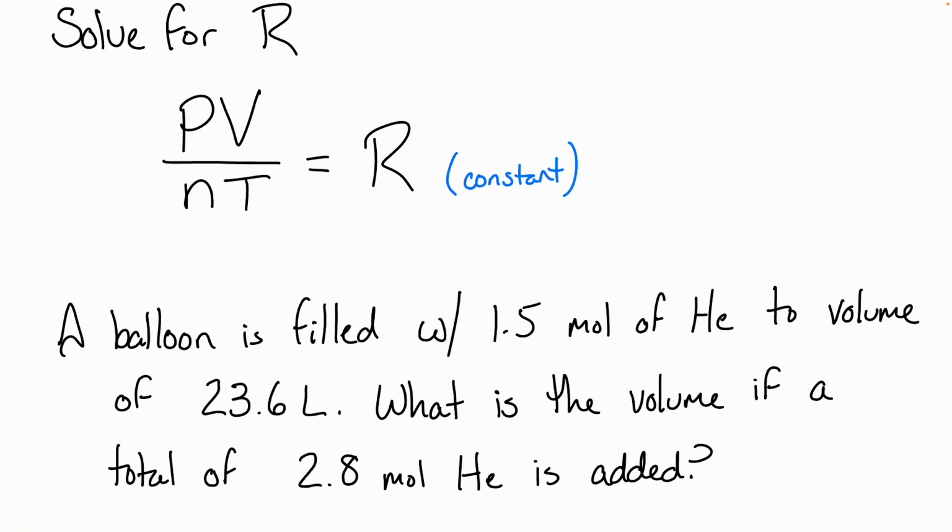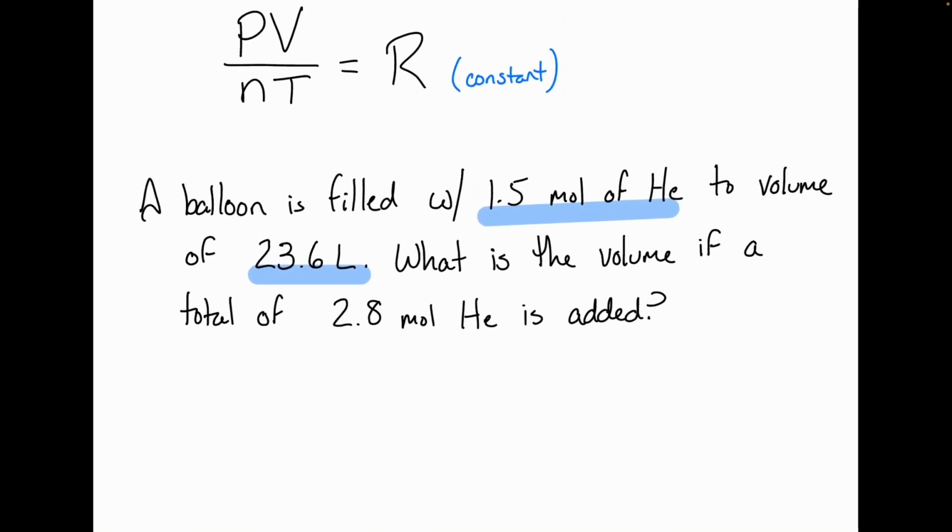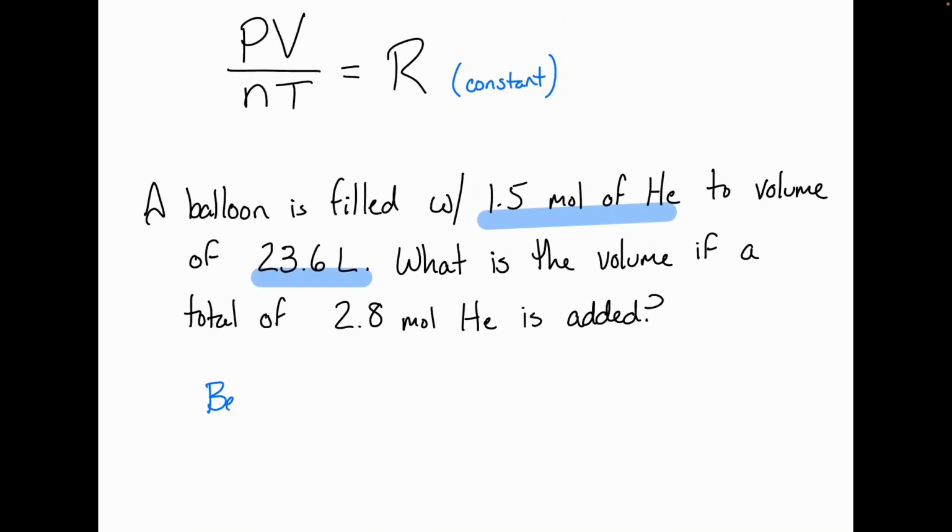All right, so these are before and after type problems because I'm telling you that before this change was made, I had these 1.5 moles of helium in my balloon, and the volume was 23.6 liters. And then after this change was made, I'm telling you how many moles of helium it is, and I'm asking you for the volume.